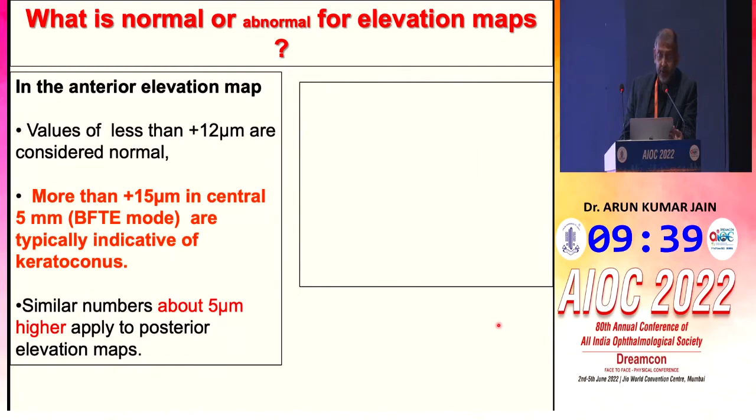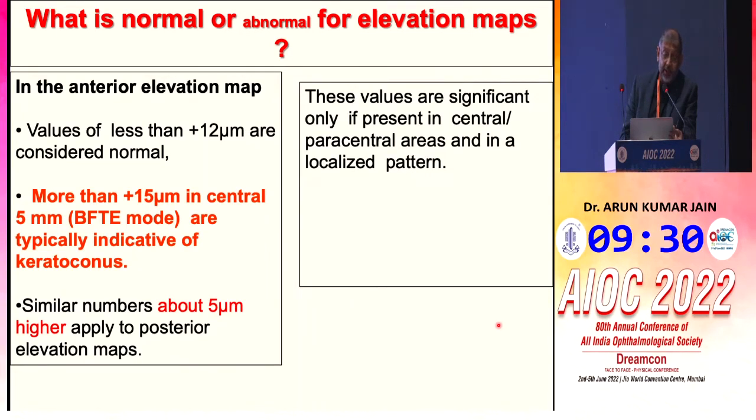There are various maps on this Pentacam. On an anterior elevation map, you have to look for any elevation more than 12 micron, which is considered significant. Any value less than 12 micron is considered normal, but more than 15 micron in the central 5 millimeter area in the best fit toric left side map is typically indicative of keratoconus.